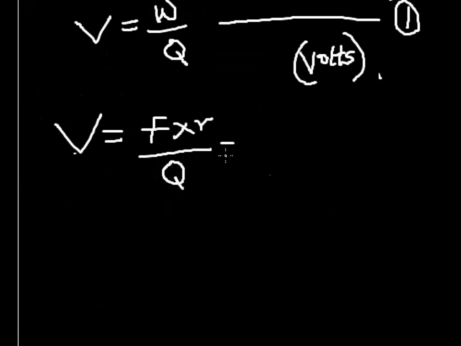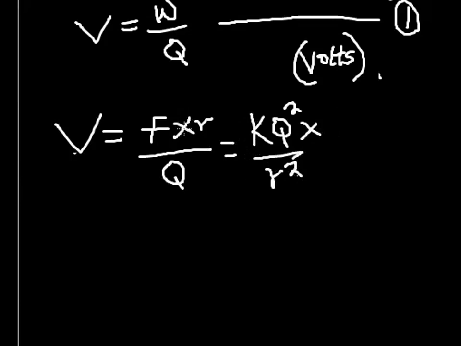I'm going to now apply the formula for electric force, which of course you know is KQ1Q2, and Q times Q is Q square, all over R square. Hope you can still remember this is the formula for force.